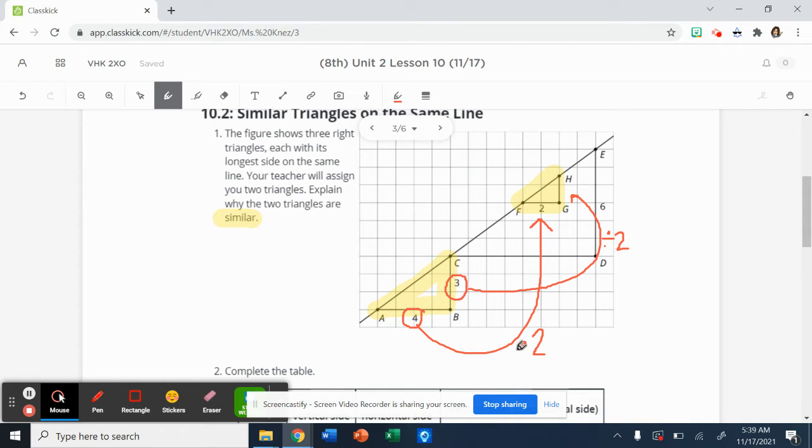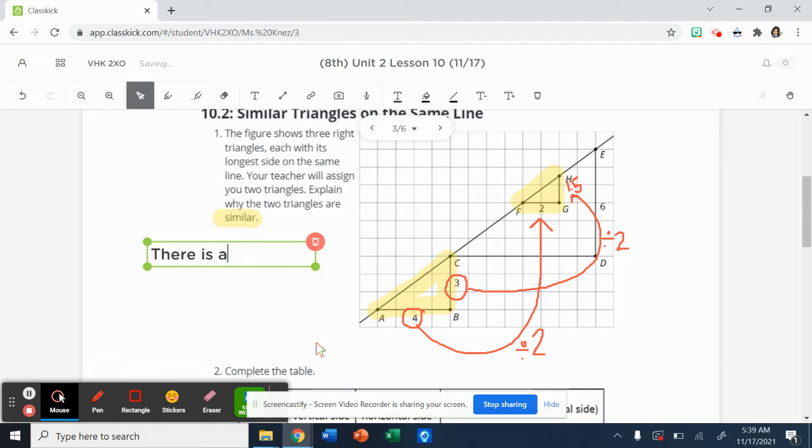I think I wrote and said multiplying here, but I meant dividing. So HG is about 1.5. So I have a consistent scale factor between ABC and FGH. That's one way to prove it.